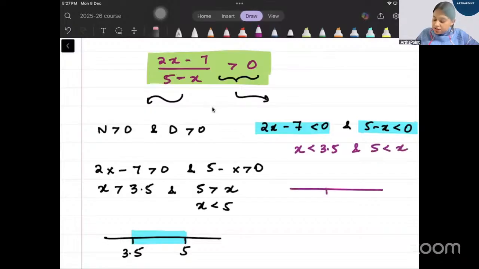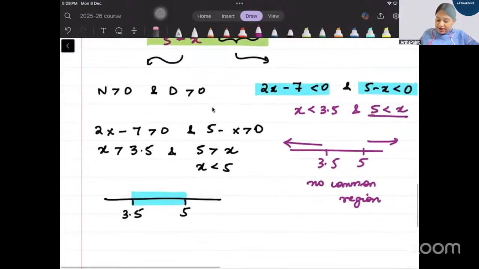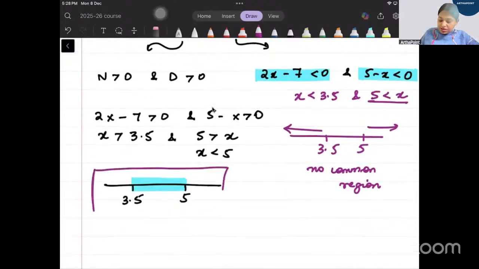That means x less than 3.5 and x greater than 5. So there is no common region, right? So we understand that this is the right one. This is where things make sense to us.